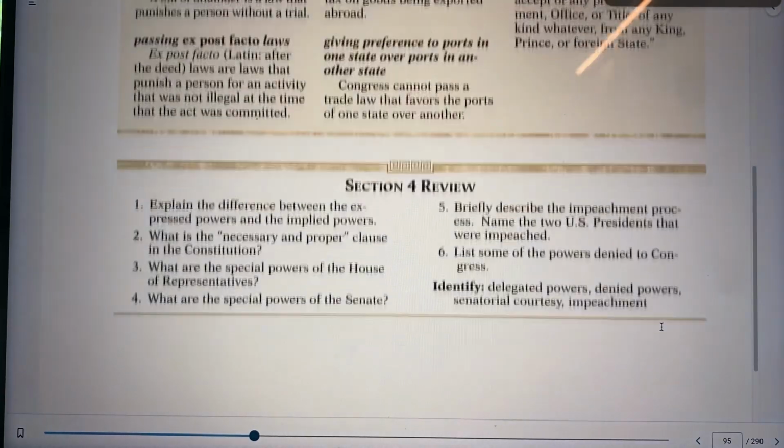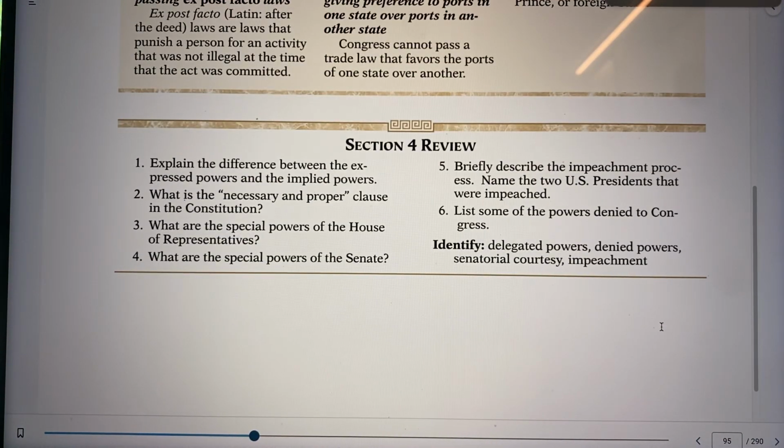Okay. So let's go over the section review quickly here. Number 1, explain the difference between express powers and implied powers. Express powers are those that are expressed in the Constitution explicitly, right? And implied powers are those that are necessary to those expressed powers.